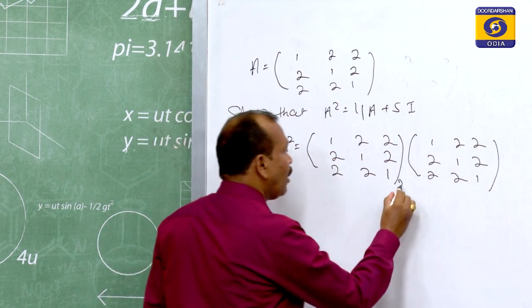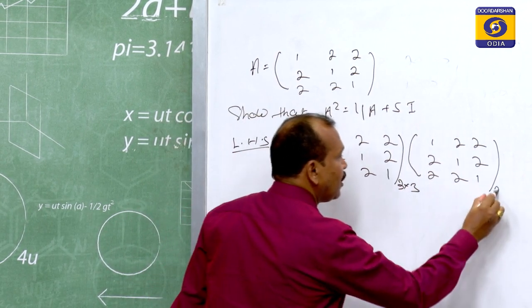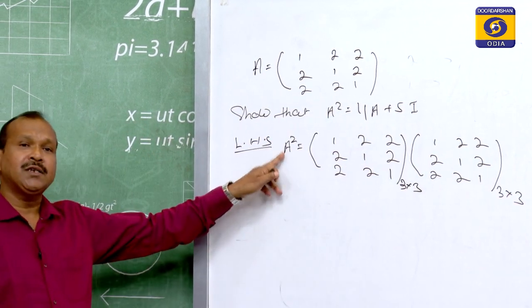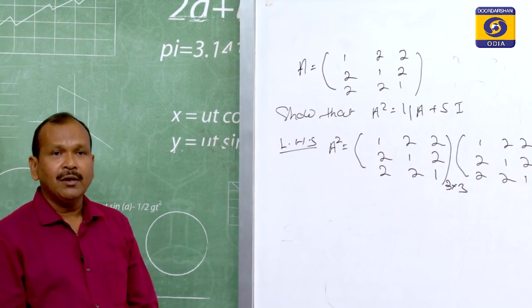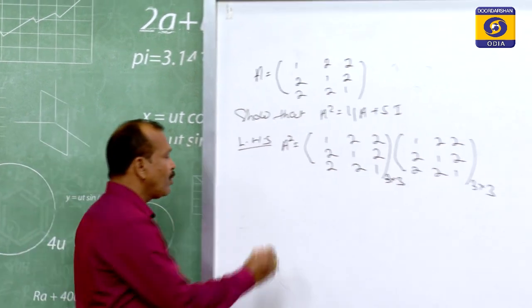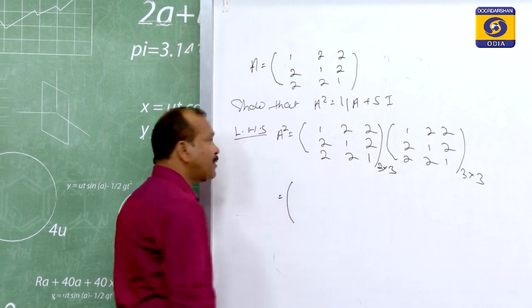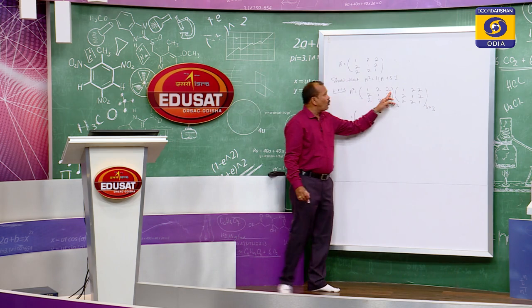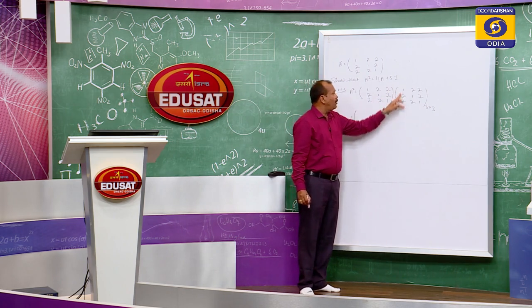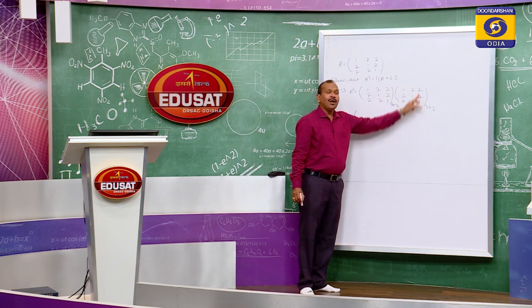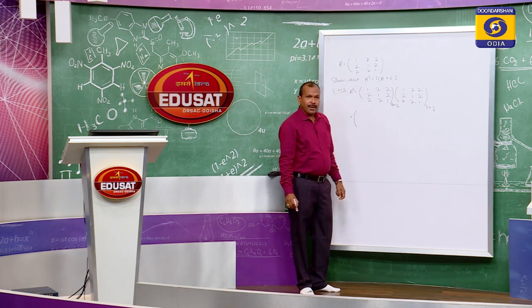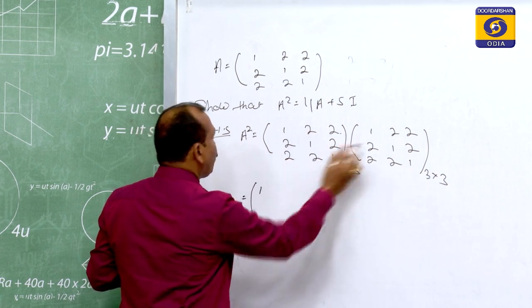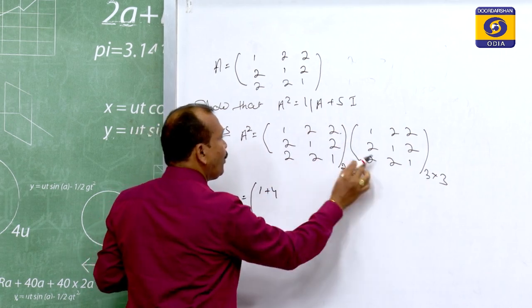Both are of order 3 cross 3, so A square is also a matrix of order 3 cross 3. The matrix product is done by multiplying the first row with the first, second and third columns of the second matrix. Then 1 into 1 is 1, 2 into 2 is plus 4, 2 into 2 plus 4.